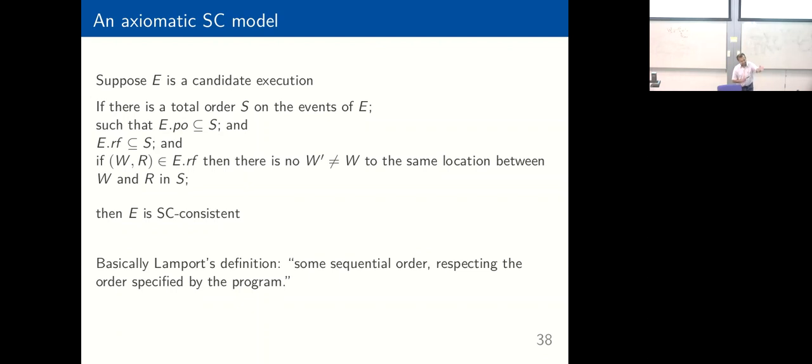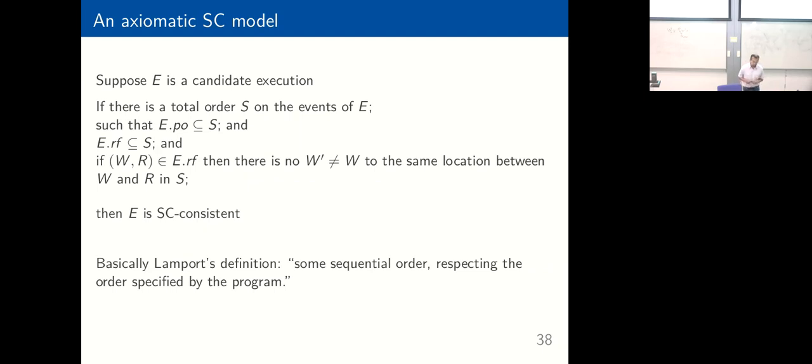Questions at this point? Yes. So there was a condition that I was expecting to see, and that is not there, which is the fact that every value that is read was written before. Yes, sorry, yes, indeed. So there should have been that. I should have said this is a candidate execution where the reads-from relation is an appropriate one, which means it gives values to every load action.